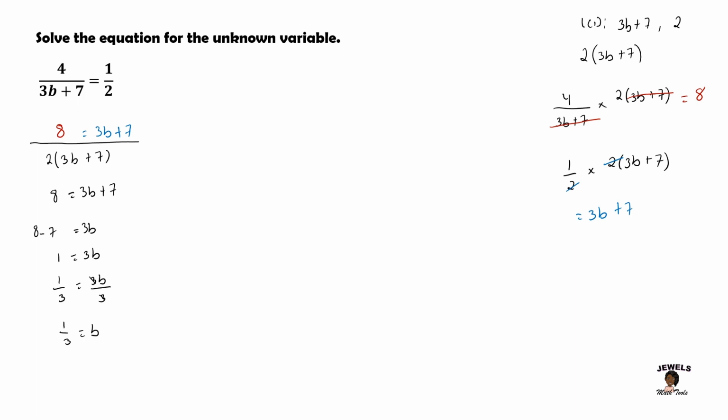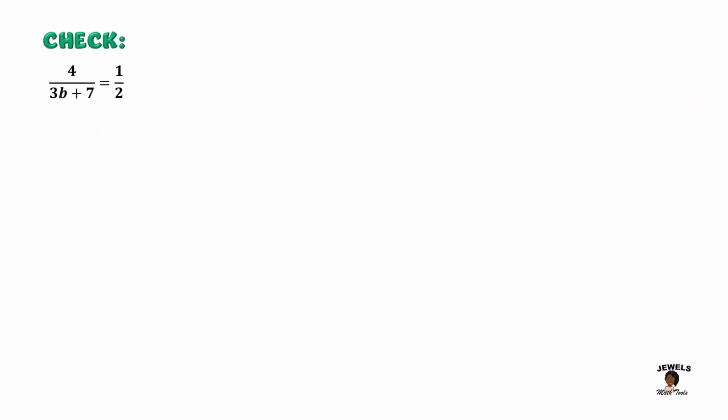Okay, so now that we've solved for b, let's perform our next step and check to see if our b, which is equal to 1/3, justifies the solution for our equation. So let's see if this answer is indeed valid. And we will have to simplify the denominator first before we do anything.